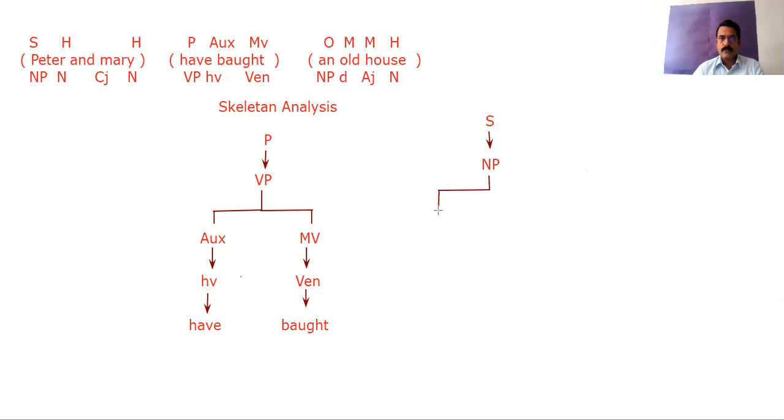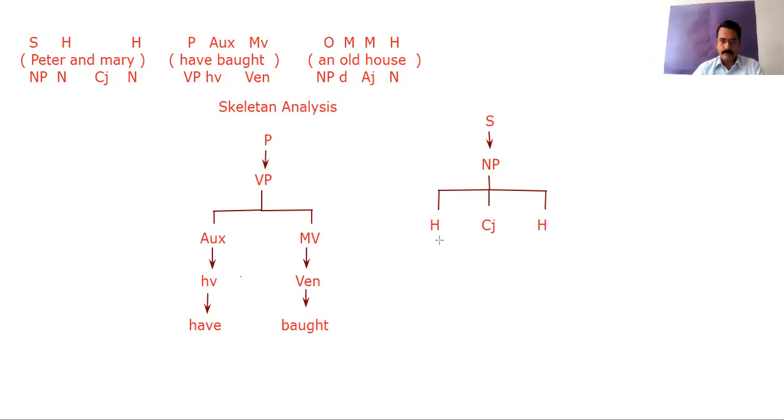This one is for Peter, this one is for conjunction, and this one is for Mary, right? So we have to write here the elements. First one is head, then we have conjunction, and then we have one more head, right?